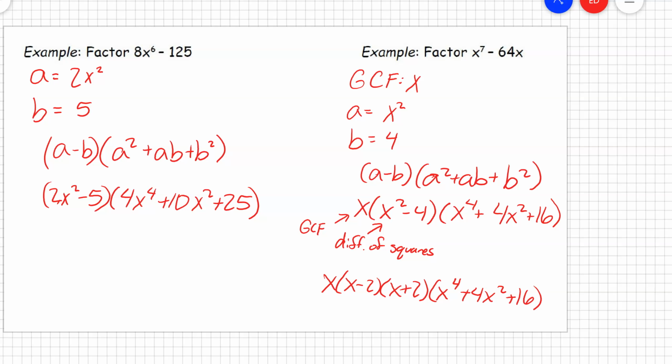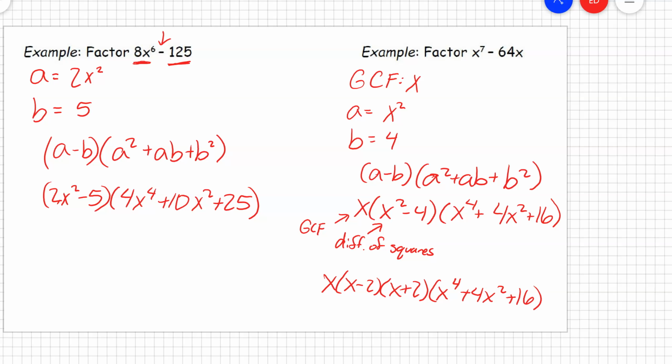All right, welcome back. So on the first example, you'll notice that the A value should be 2x squared, and then B, which would be the cube root of 125, which is just 5. So after setting that up, I noticed it's a difference of cubes because of that negative sign right there, and we are missing some terms.